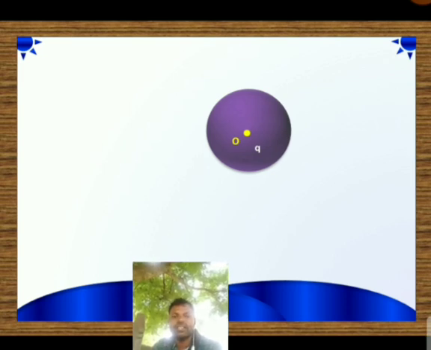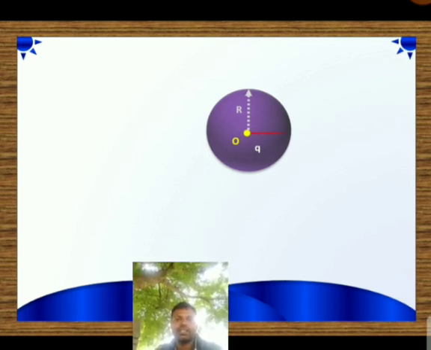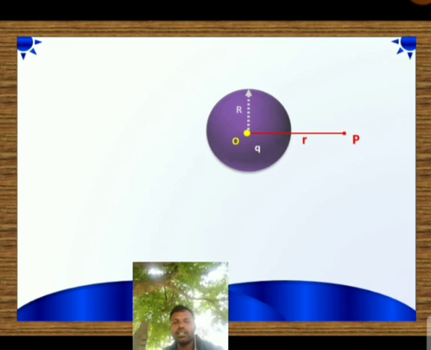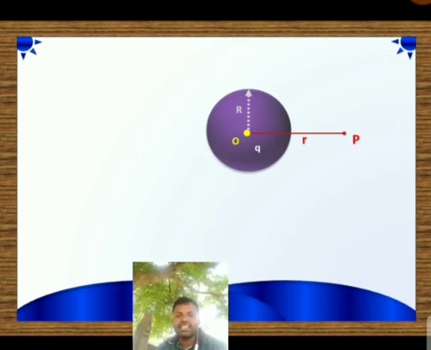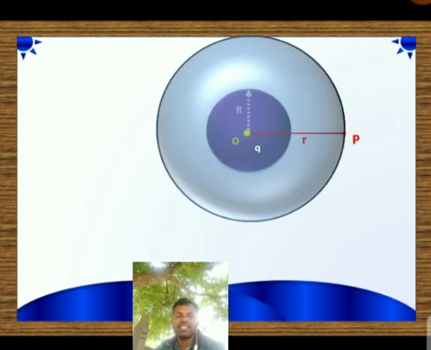See here, this is my sphere over which charge q is distributed uniformly. Now the sphere radius is R. Let us suppose at a distance r there is a point P at which I have to find the electric field intensity. For that I am drawing a Gaussian surface which looks like a sphere again, like this.